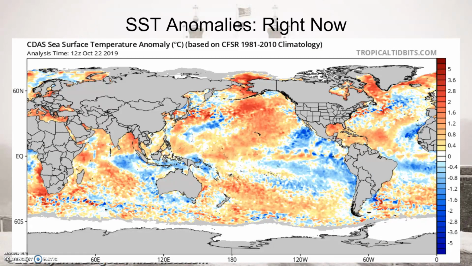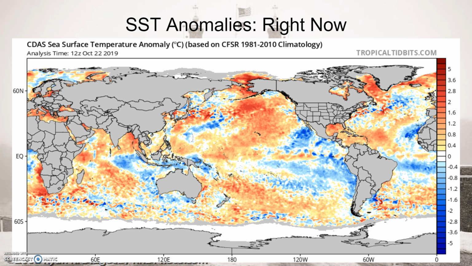So here's a current look at our sea surface temperature anomalies and how much warmer and colder than average we currently are. Through our ENSO region, we've generally got a neutral going on here. There's not really any El Nino or La Nina at the moment.